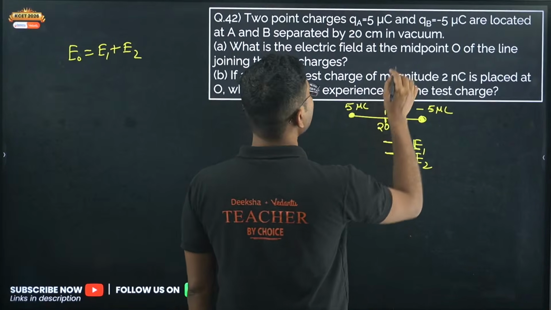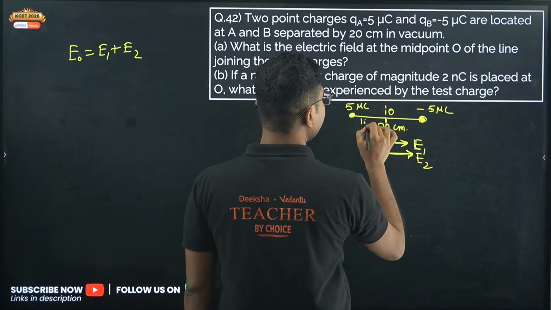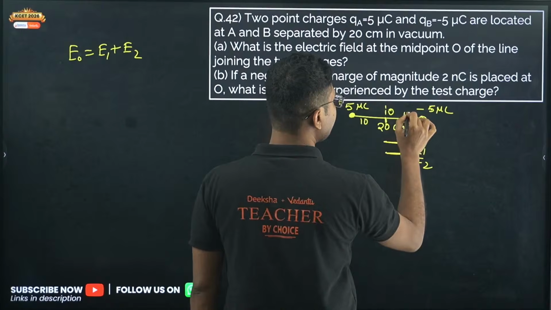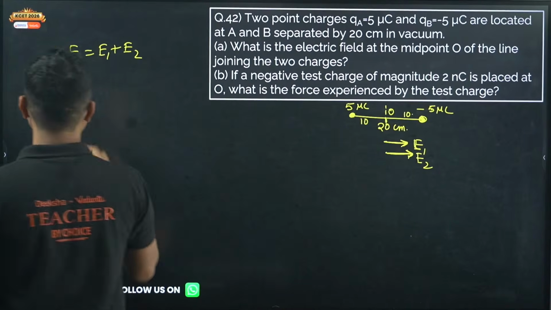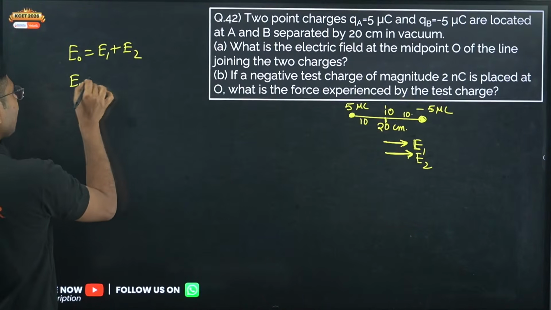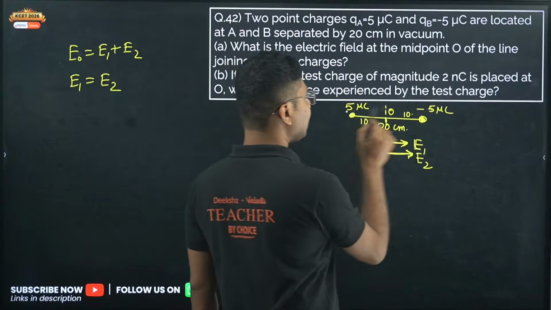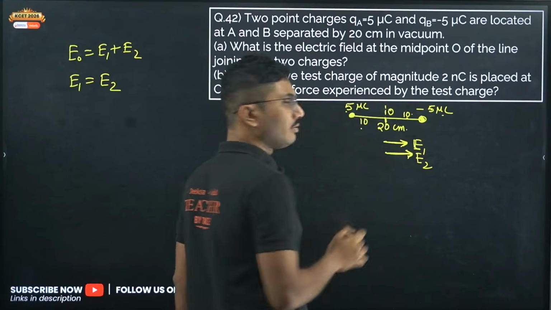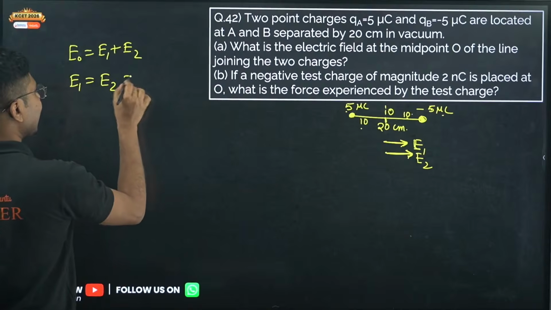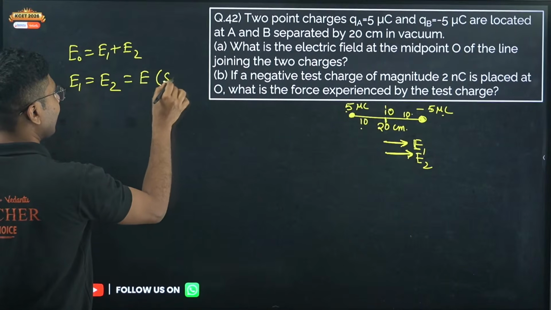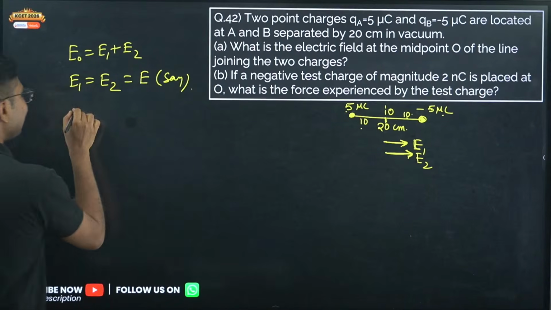The distance is 20 centimeter, so this will be 10 centimeter, this will also be 10 centimeter, and obviously we can see that E1 is actually equal to E2. Why? Magnitude wise charges are the same, distances are also the same, so let's say that is equal to E. So what is this E?